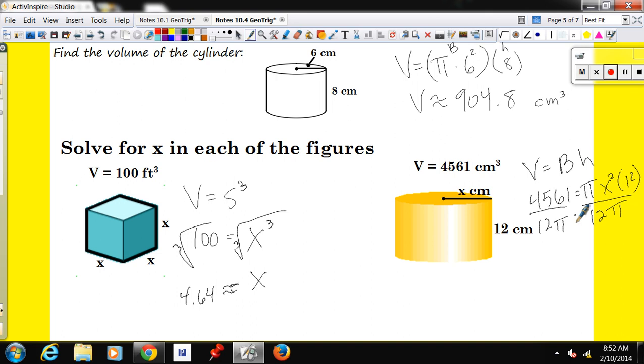I don't think that came out right. And then you would get your x. I don't know what x equals here until I get a better calculator. So x would be approximately 11. If you square root the 121, you get 11.